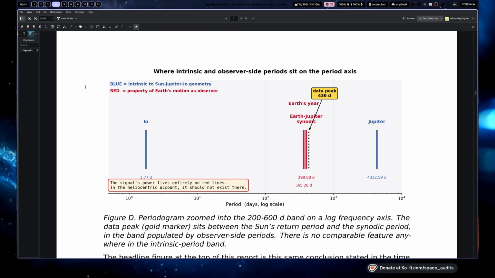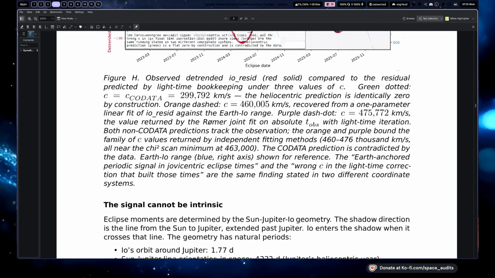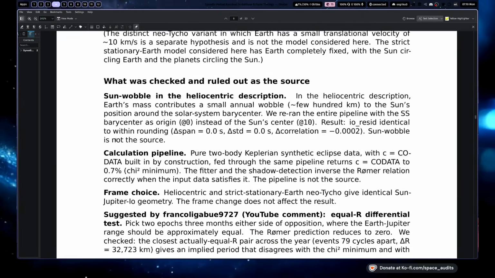So we said if we were to take the 365-day Earth solar year, and we were to take the 399-day Earth Jupiter year, and we were to take those two sine waves and add them together and superimpose them, would it match this? And when we did that, if you'll scroll down, Alan, we found that it did match between 91 and 94% for both Io and Europa.